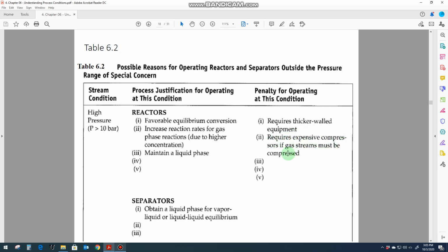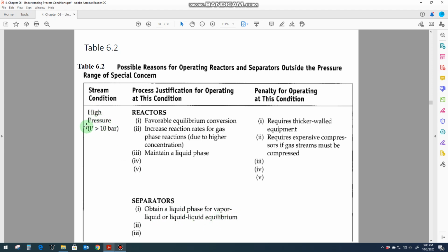Requires expensive compressors if gas streams must be compressed. So if you want to go beyond 10 bar, then we have to use some kind of expensive compressors for the compression of the gases, or in case of liquids, we have to use pumps to achieve that high pressure. Now in separators, obtain a liquid phase for vapor liquid or liquid liquid equilibrium.